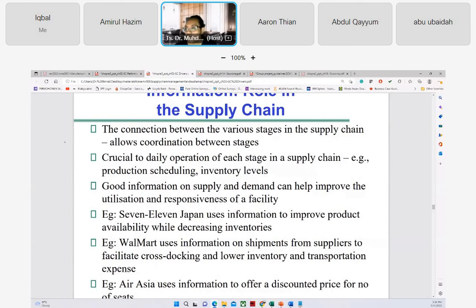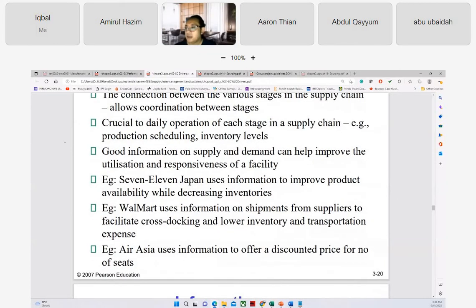For example, 7-Eleven Japan uses information to improve product availability while decreasing inventory. And Walmart uses information on shipments from suppliers to facilitate cross-docking and lower inventory and transportation expenses. That's the cross-docking we are going to learn as well.